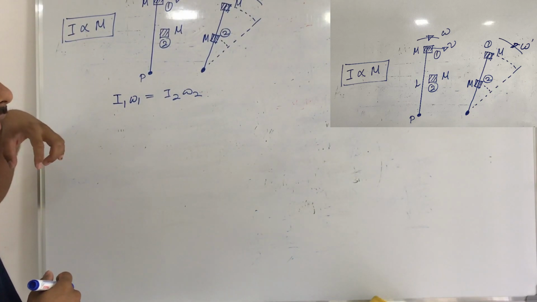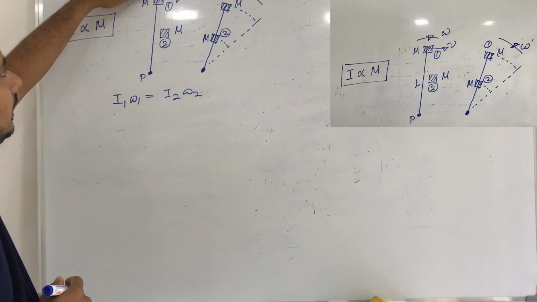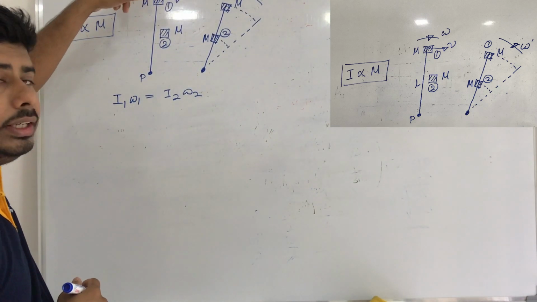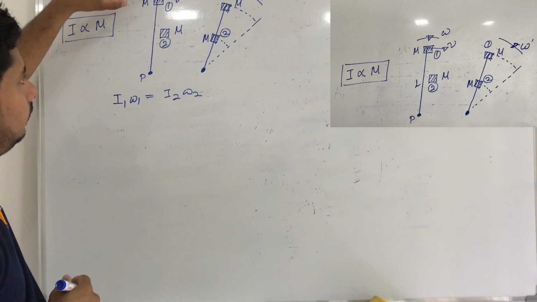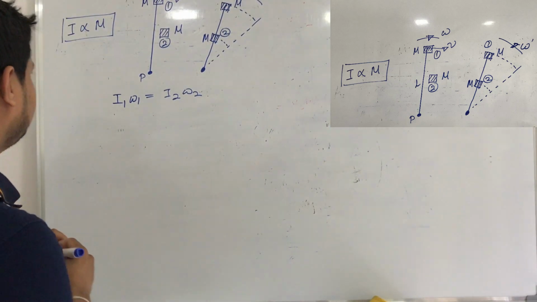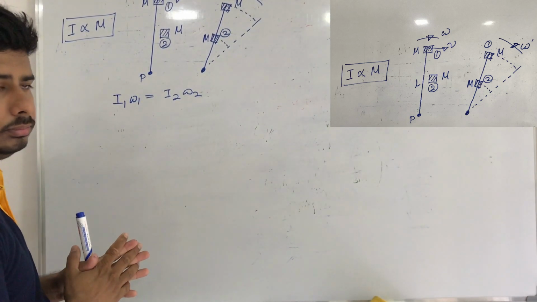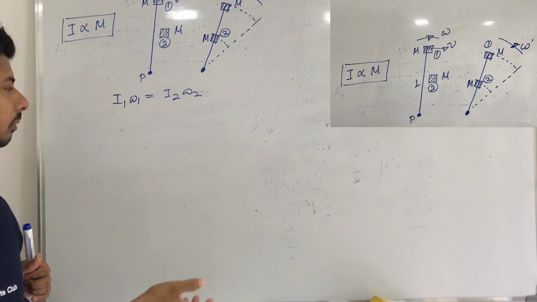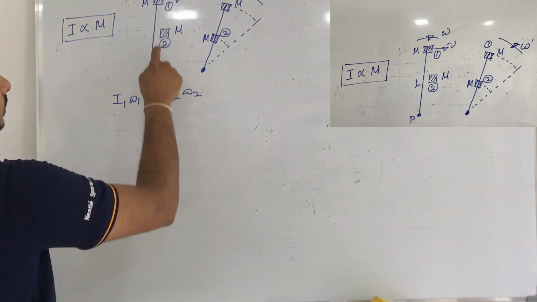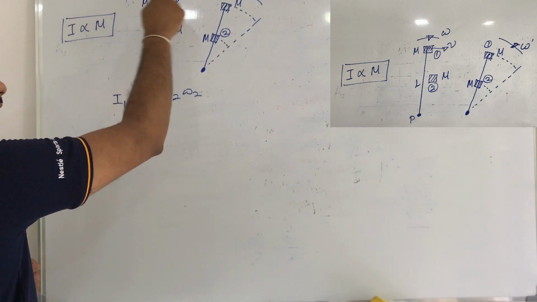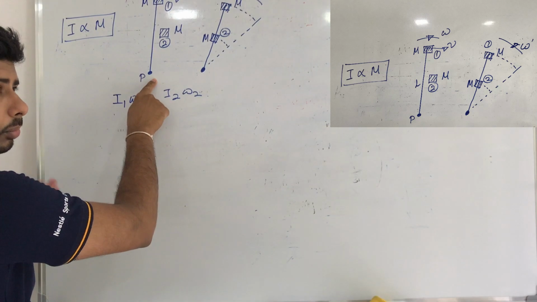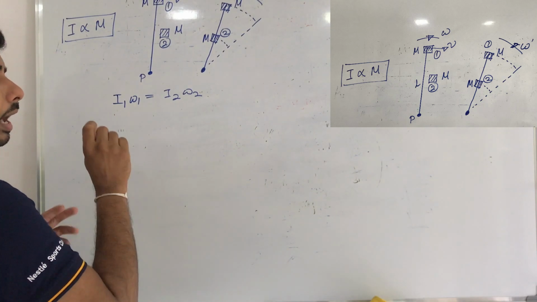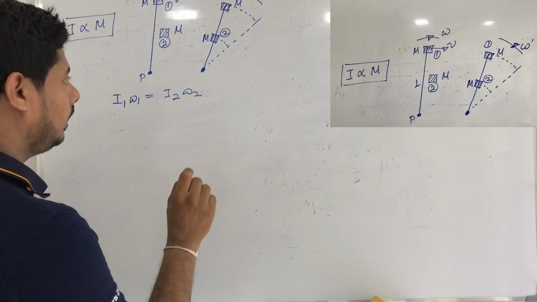When an object is moving around an external point, not around a point on its own, the moment of inertia we can write as mr square. I hope you have covered the theory as well. Let me repeat the theory again. When an object is rotating or moving in a circular path around an external point or axis, we can write the moment of inertia as mr square.